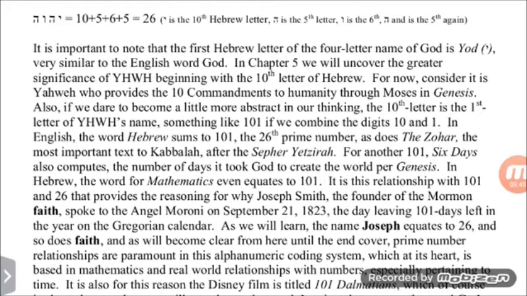As we will learn, the name Joseph equates to 26, and so does faith. As will become clear from here until the end, prime number relationships are paramount in this alphanumeric coding system, which at its heart is based in mathematics and real-world relationships with numbers, especially pertaining to time.